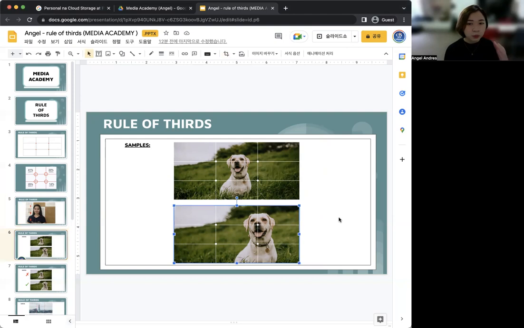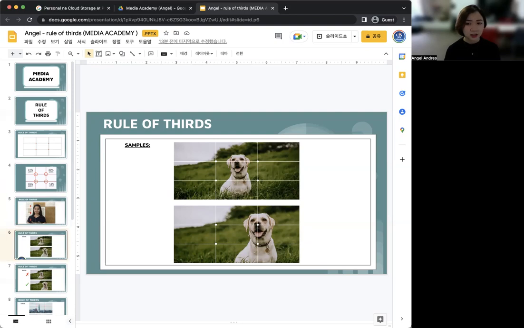What you can see in this example is two pictures, the same picture. One follows the rule of thirds and the one that does not. Can you say which one has the better picture of these two? Of course, the second one. Why? Because it uses the rule of thirds.